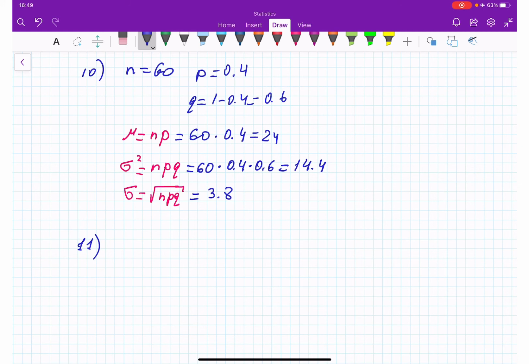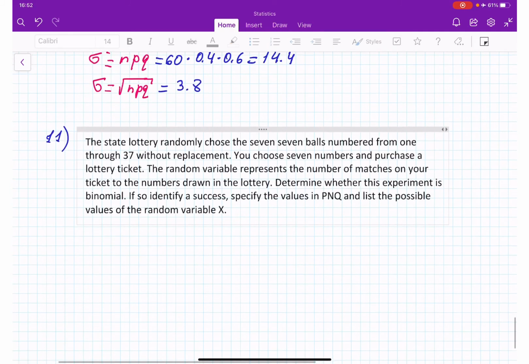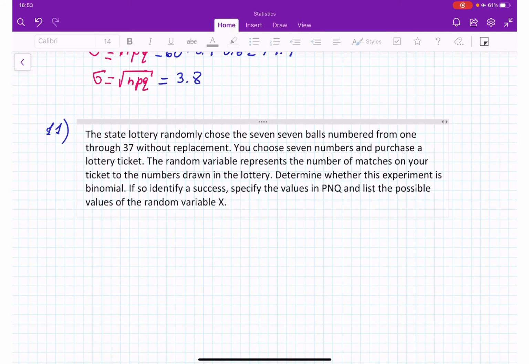Let me copy and paste this problem again so you can read it also. Okay, question number 11.